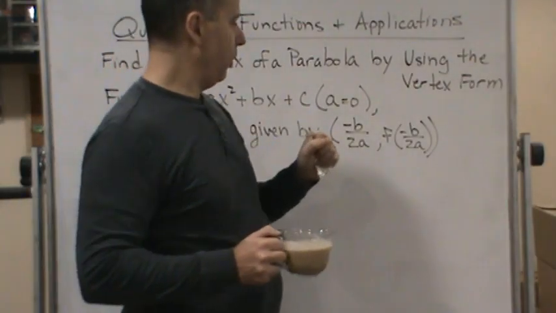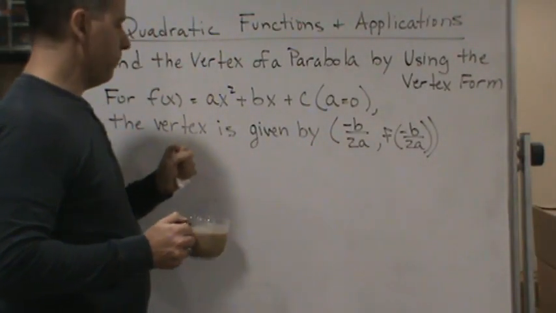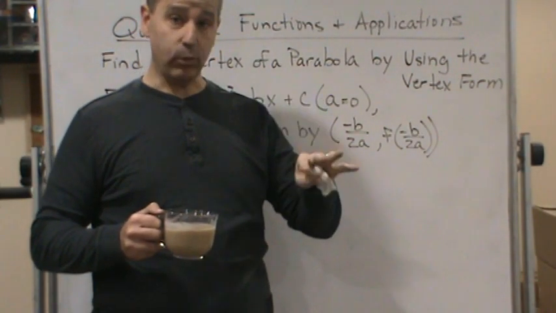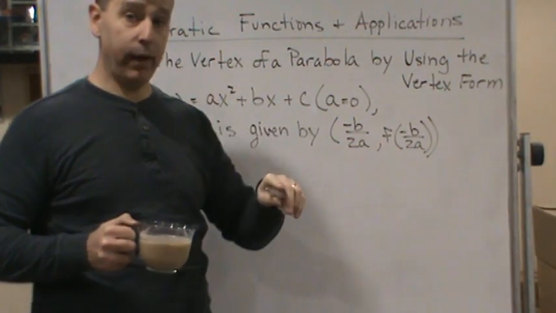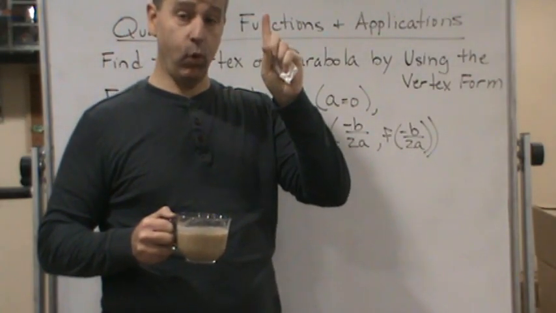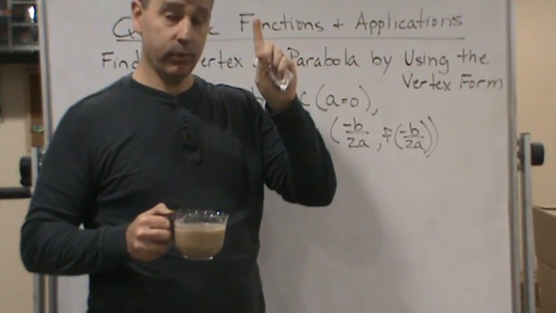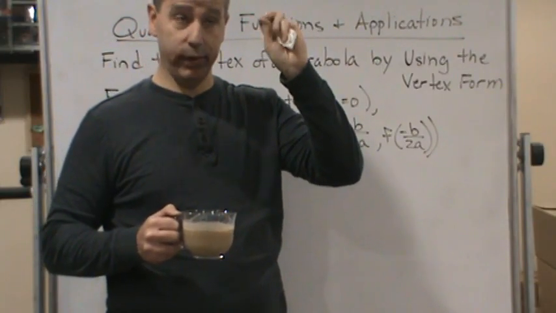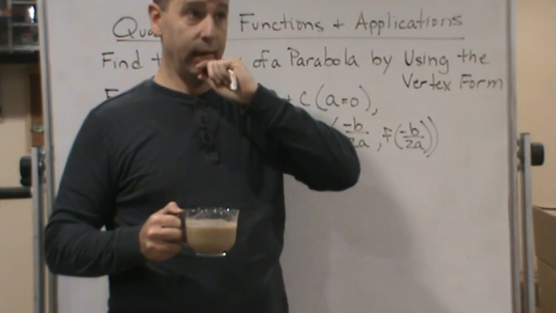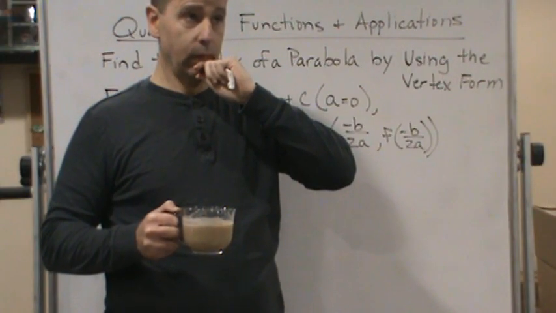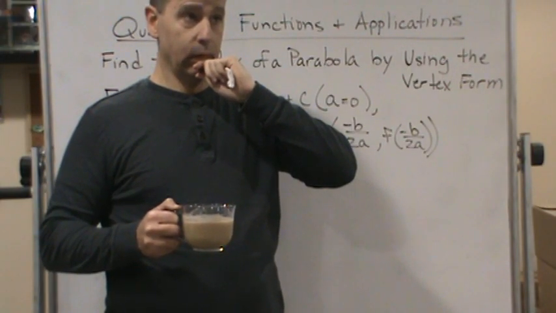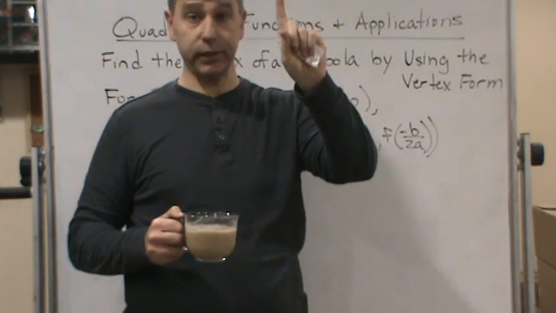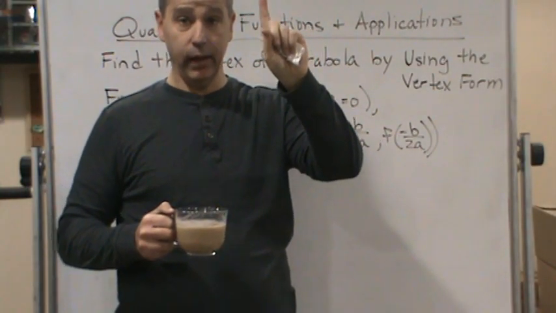So now, if you remember, if the discriminant is 0, then we end up with one solution, right?